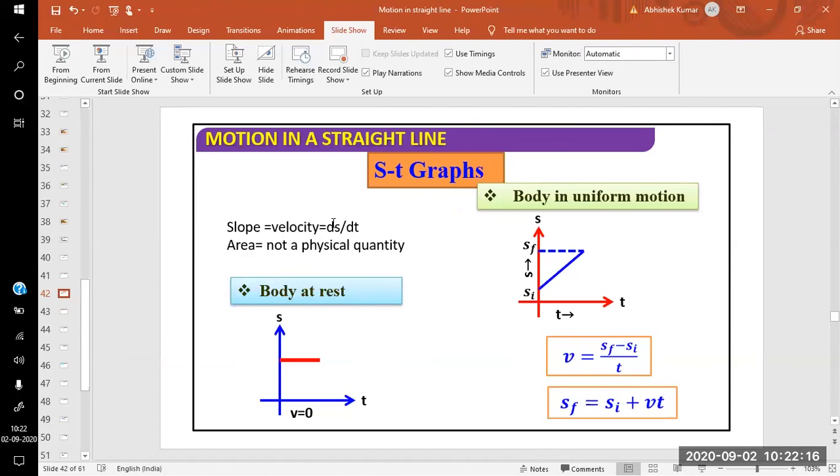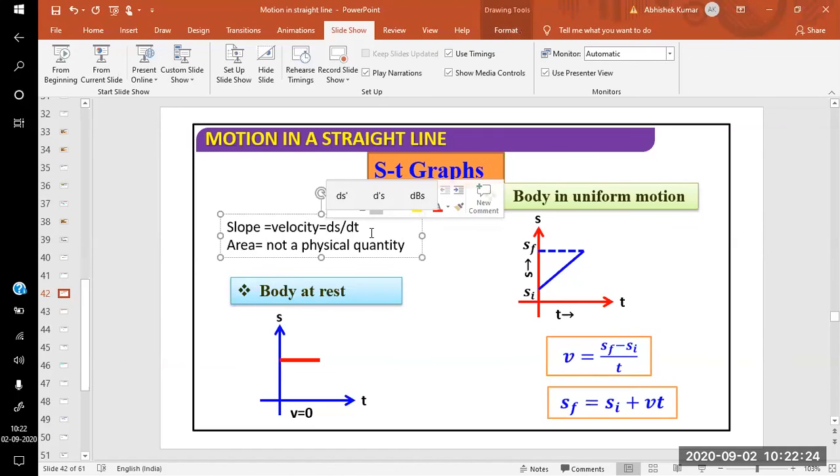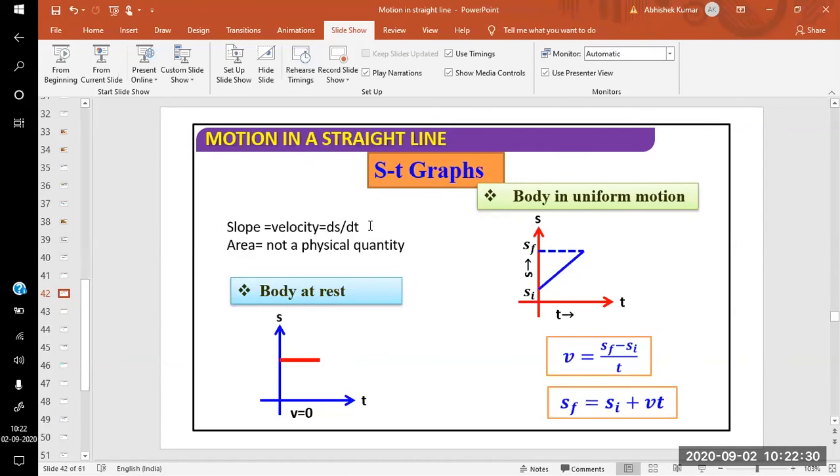So the slope of the ST graph, what will it give? The slope of the ST graph will give the rate of change of position, or rate of change of displacement, that is called velocity. So the slope of the ST graph gives the velocity, and the area of the ST graph does not give any physical quantity.